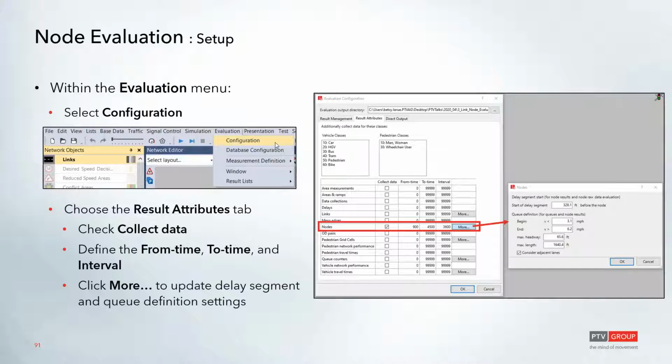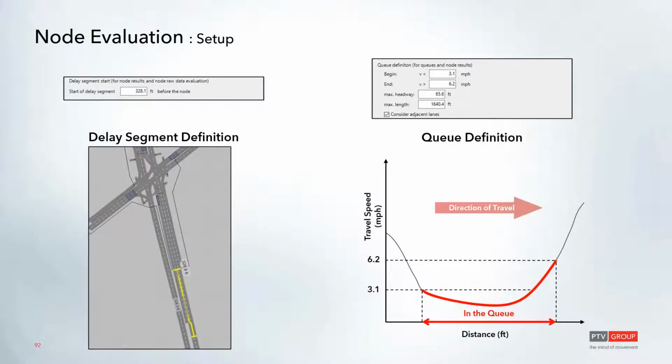And then in this case, if you select that More button, this will actually allow you to adjust the definition for both the delay segments as well as the queue definition. So when you enter in the value here for that delay segment, this will be where that delay segment start point is placed.